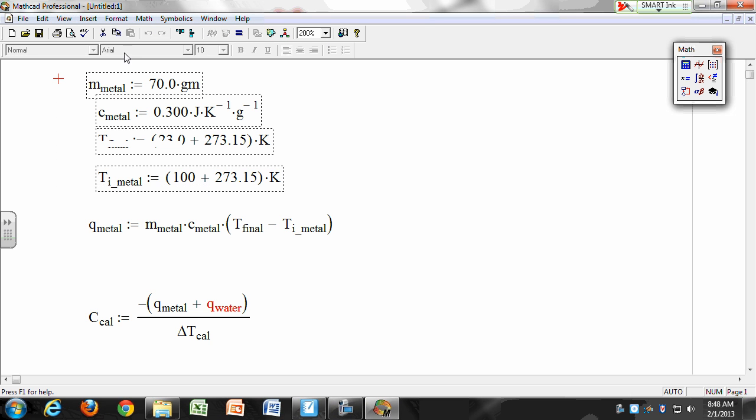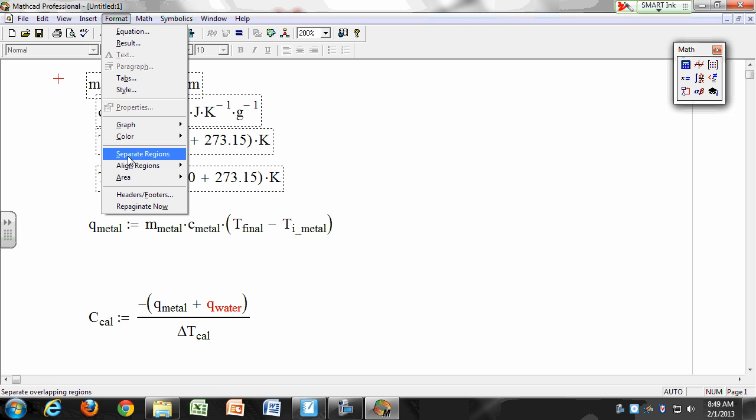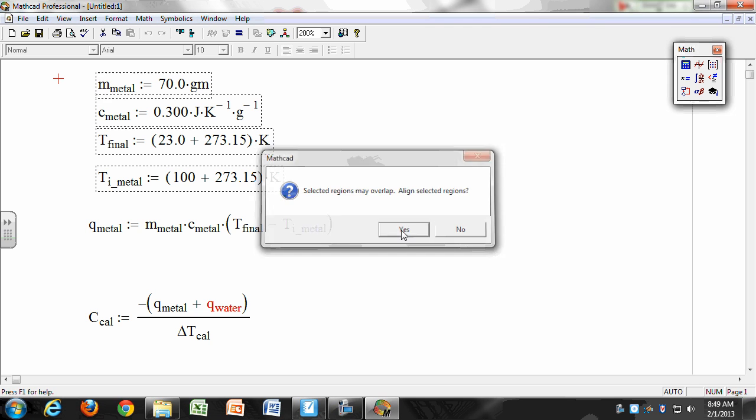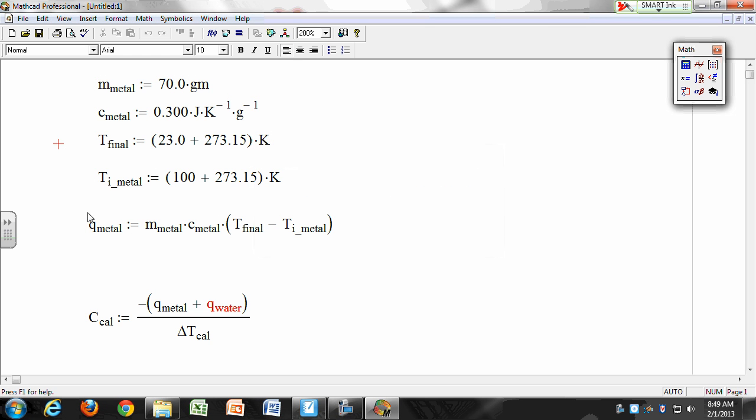Let me fix this up. Format, align regions, down. Yeah, there it is. Okay, so now it knows what Q metal is. Let's verify. Q metal equals, okay.